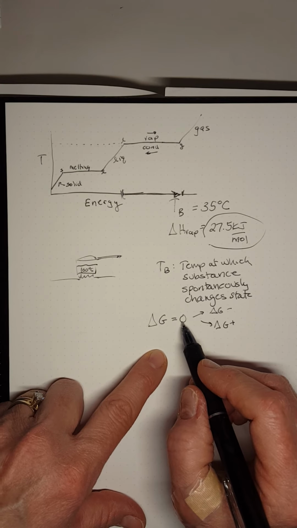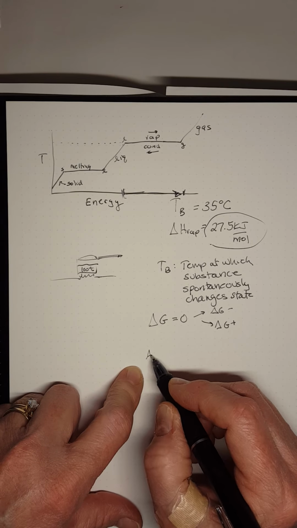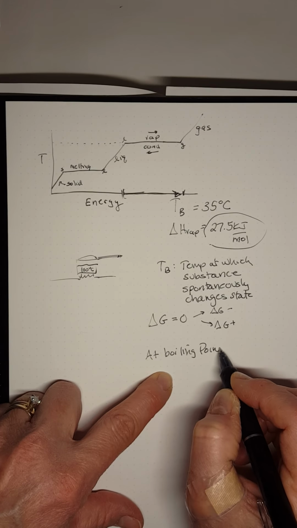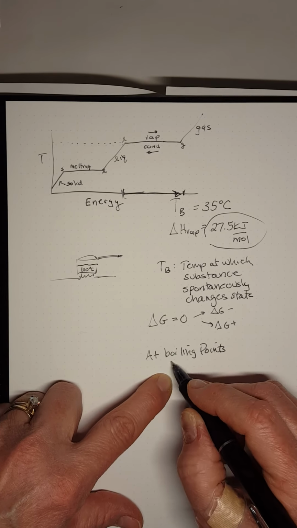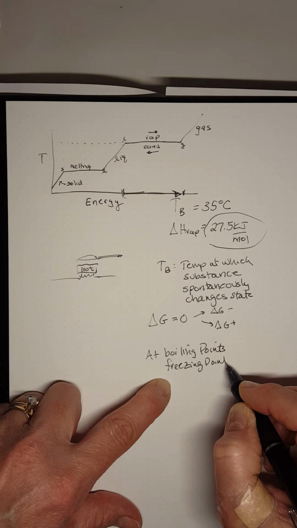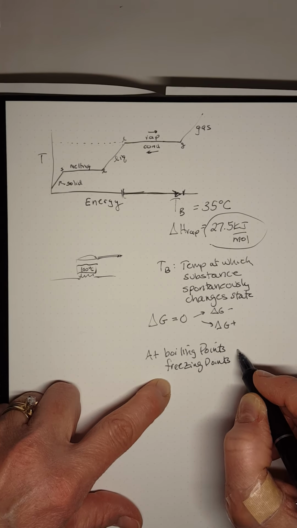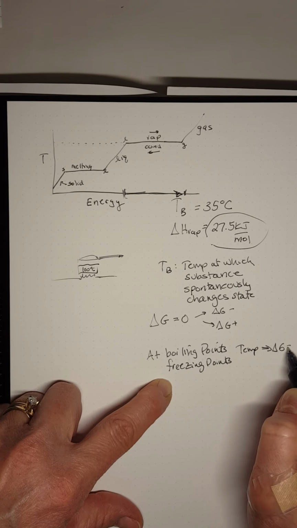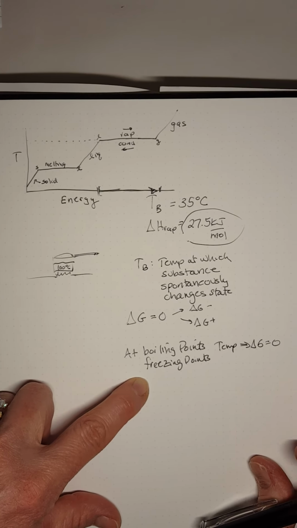And that's the case at boiling points, and freezing points, melting points, any phase change. At that temperature, delta G is 0.